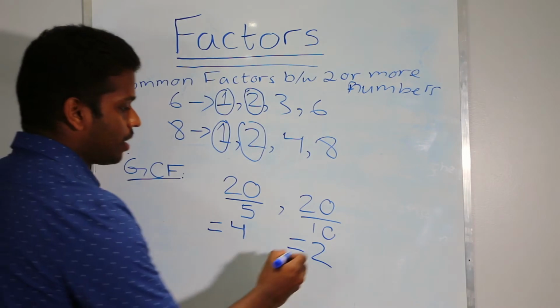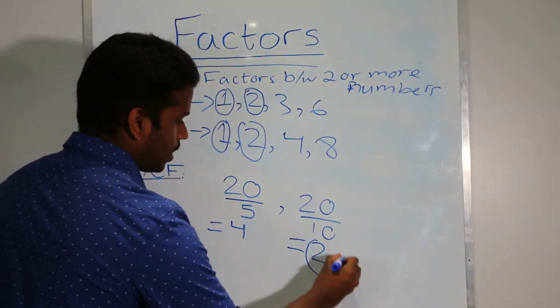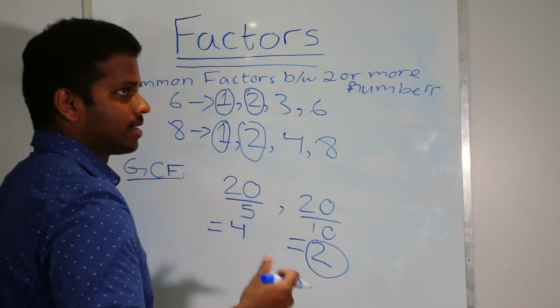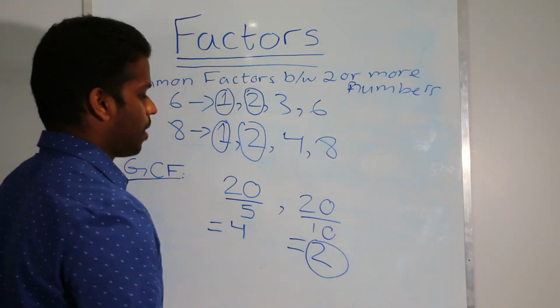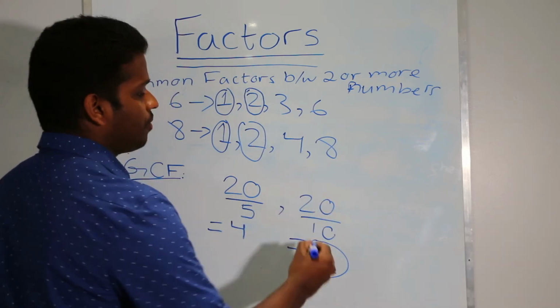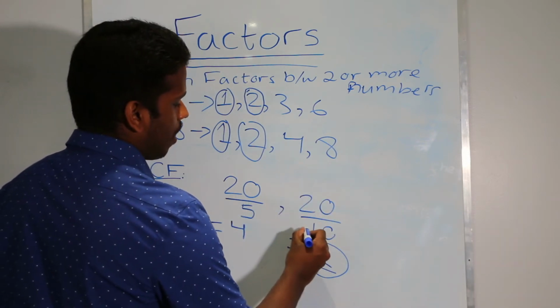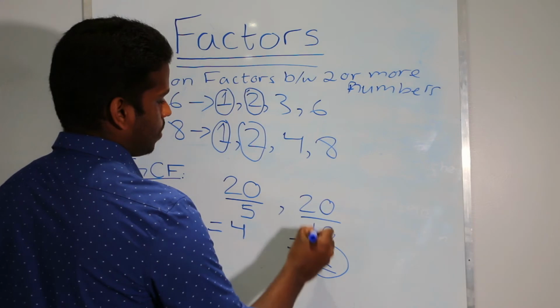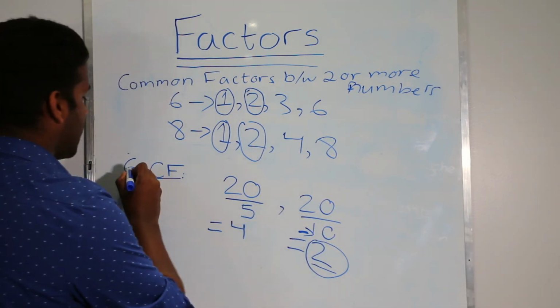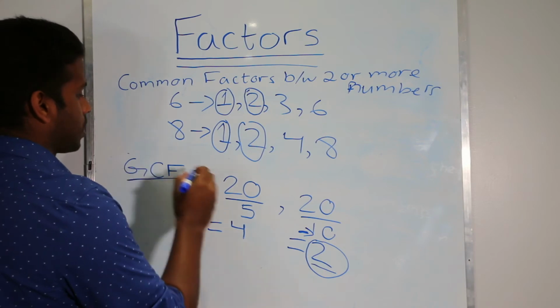When you're simplifying, you're trying to look for the lowest number possible, as simple terms as possible. So the lowest number is here, but that is achieved only when we divide our 20 by 10, right? So that is the importance of the greatest common factor.